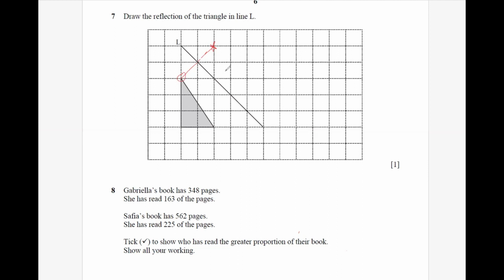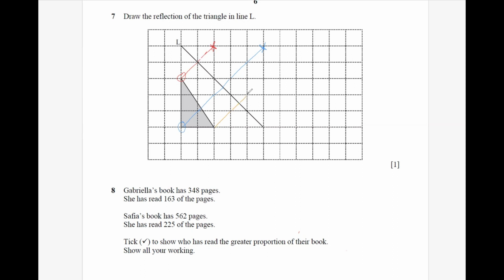Similarly, if you just see for the remaining 2 points, if it is half box, 1 box, 2.5. So half, 1.5, and 2.5. So this point is the reflection of this point, and thirdly, for this one, this is half and then 1.5.